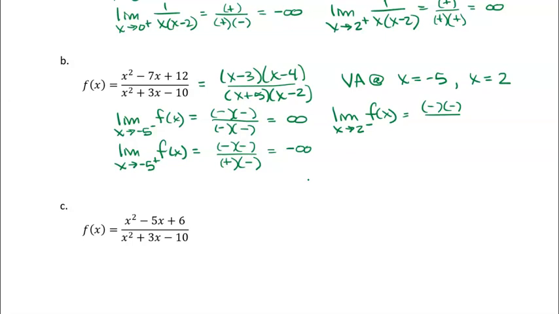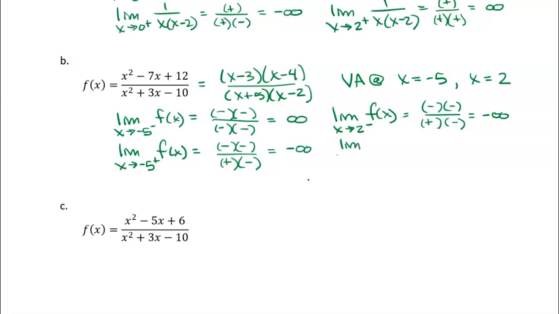And 2 plus 5, okay, that's positive. And then now I'm to the left of 2, so like 1.9, right? 1.9 minus 2 is going to be negative. All right, so now I can evaluate these signs. I have positive over negative, and it's going to be a negative infinity.